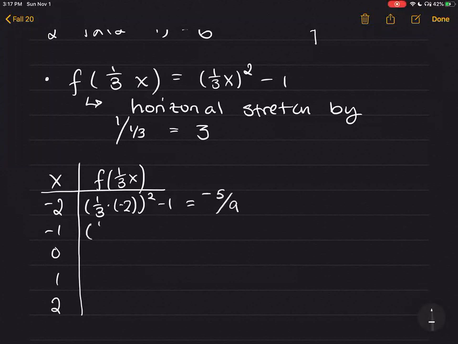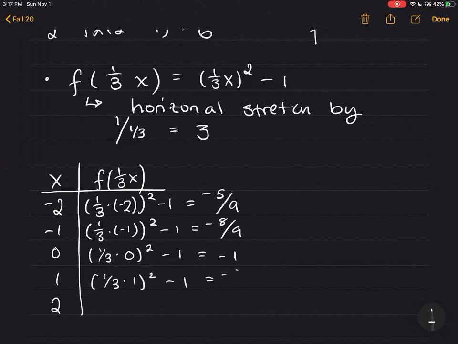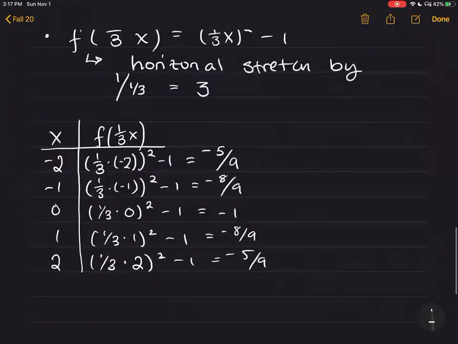And then 1/3 times -1 squared minus 1, that's going to be -8/9. And then 1/3 times 0 squared minus 1, that's going to be -1. And then 1/3 times 1 squared minus 1, that'll be -8/9 again. And then lastly, we've got 1/3 times 2 squared minus 1. Again, that'll be -5/9. Okay.